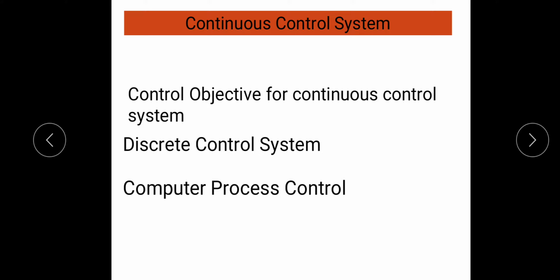The third objective is steady state optimization, an open loop control system that uses the index of performance, mathematical models of the process, and optimization algorithms to determine the input parameters to drive the process.